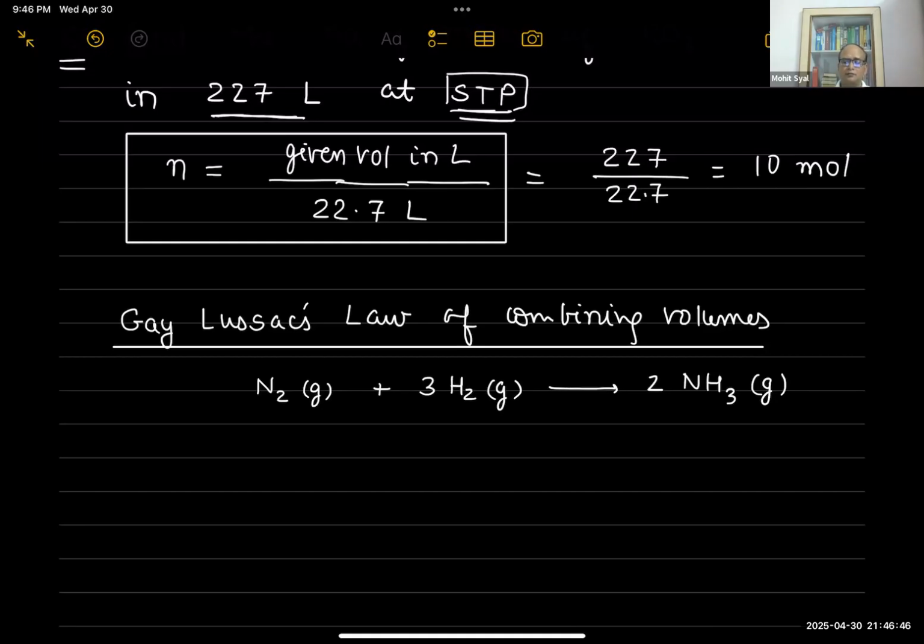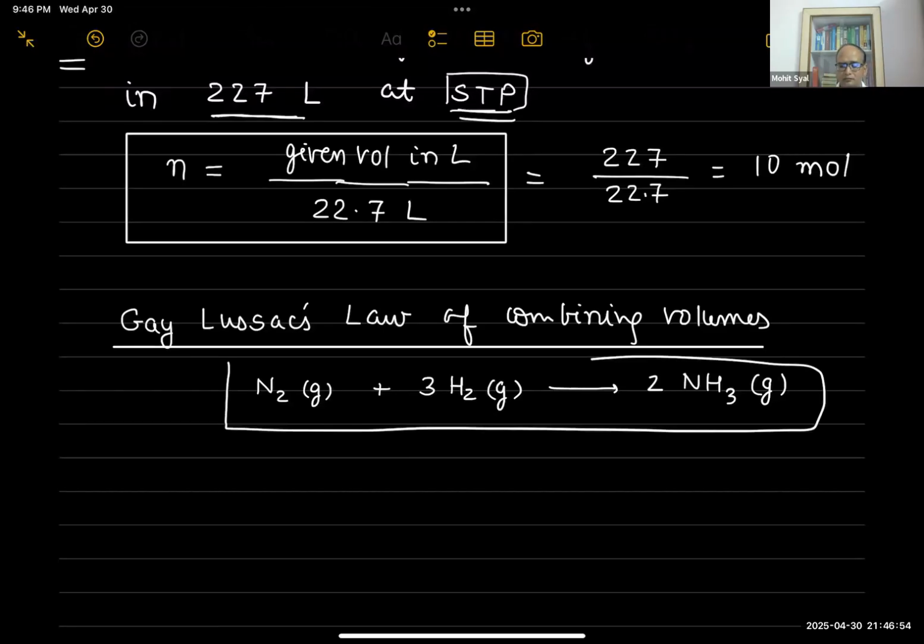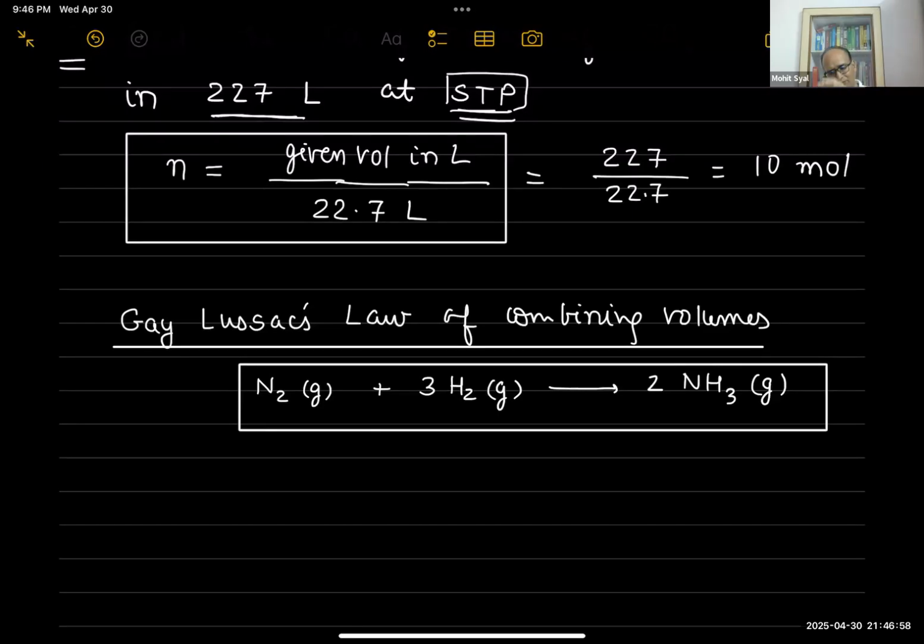Suppose when you are doing this reaction, you are taking all the gases in a container, because you are dealing with gases, so you have to take all of them in the same container. So the temperature and pressure will be as per the container, right?